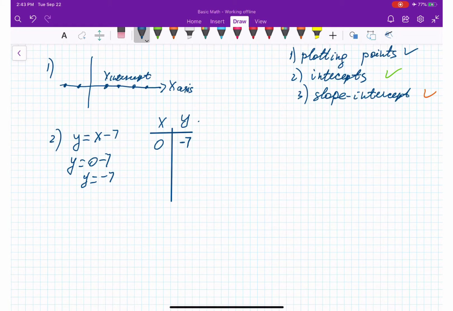Okay. Next one. X is equal 6. If x is equal 6, I'm plugging 6 instead of x. 6 minus 7. How much is it going to be? Negative 1. Yes?